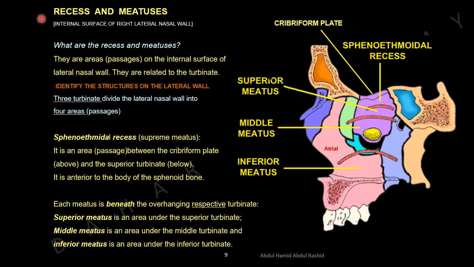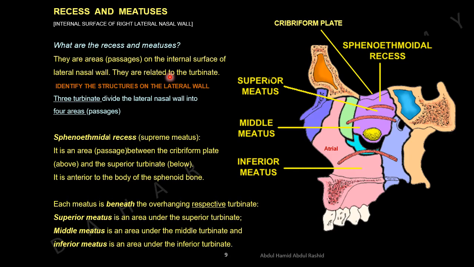Recesses and meatuses. We are showing the diagrams of inner surface of right lateral nasal wall. What are the recesses and meatuses? They are areas or passages on the internal surface of the lateral nasal wall.